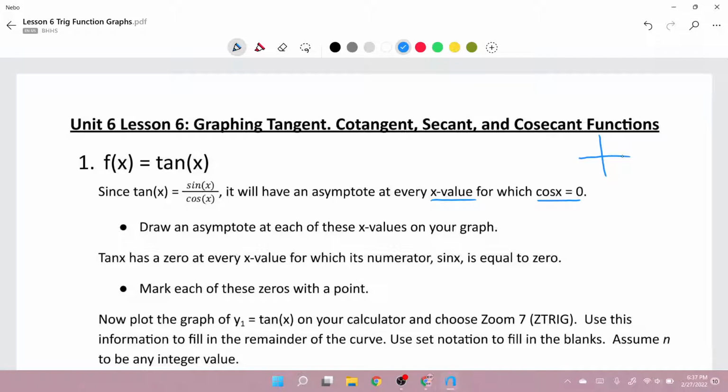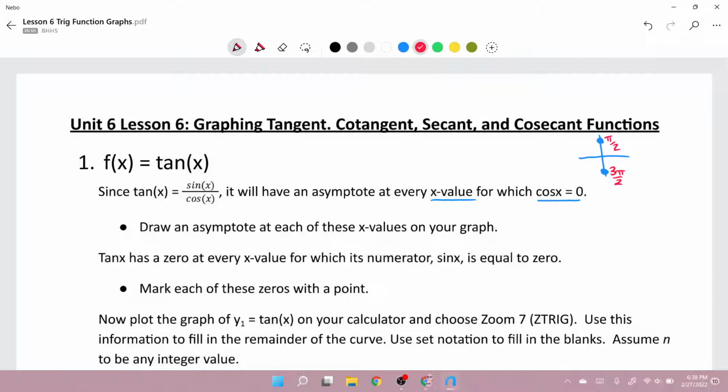If you think about it, our x will be 0 here and here. What are those angles? Remember what those angles are? This is pi halves, and this is 3 pi halves, and this will be between 0 and 2 pi. But we're talking about not restricting our domain.